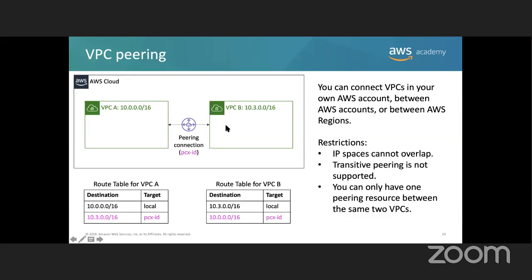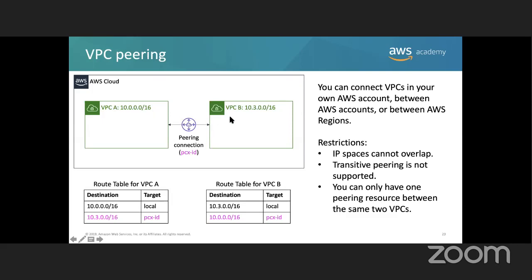So this one is going to point to this, and this one is going to point to this, and that's where you make the connection. And then when you make the connection, all the resources in this VPC can communicate with the resources in that VPC. So very important. And by the way, the limit for a new account, the one that you have now, is 5 VPCs per account.